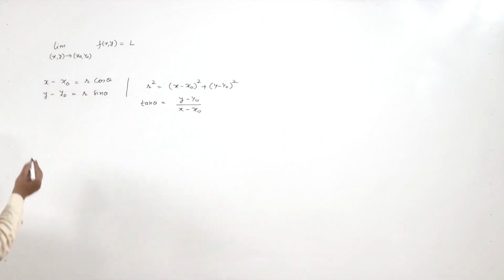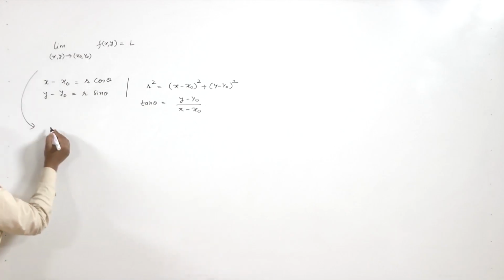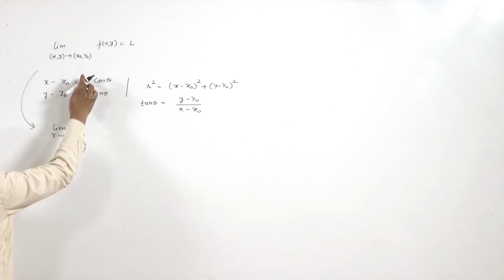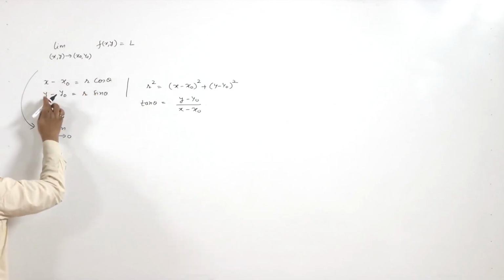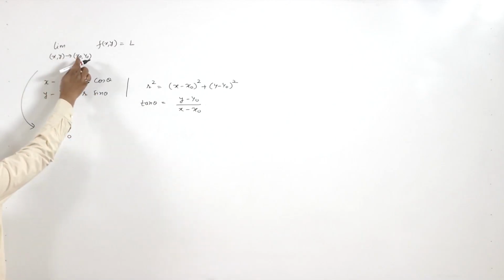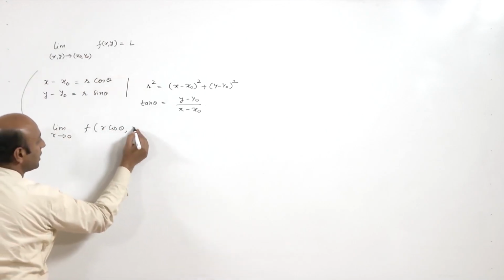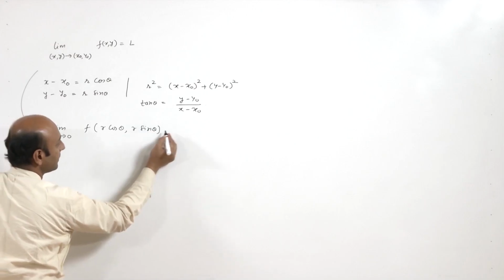Now this limit will convert to limit r tending to 0 of f(r cos theta, r sin theta), and the limit will be the same L.